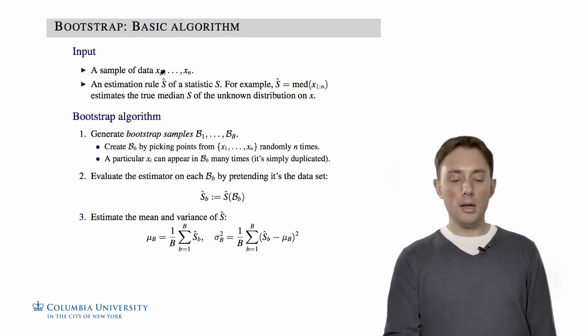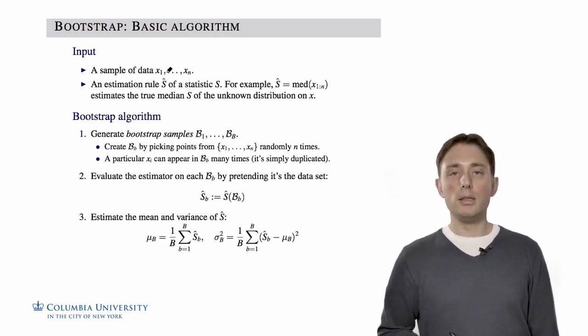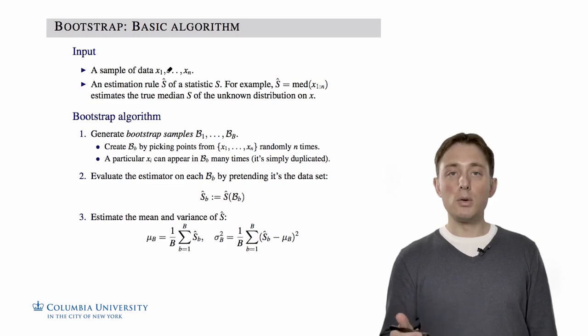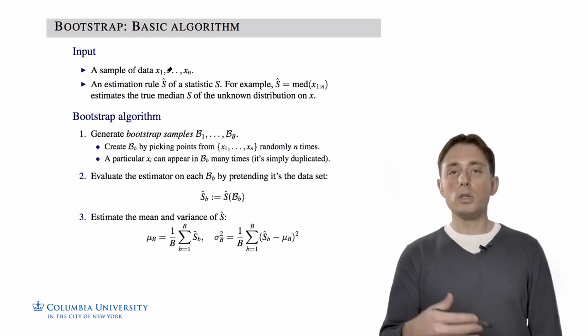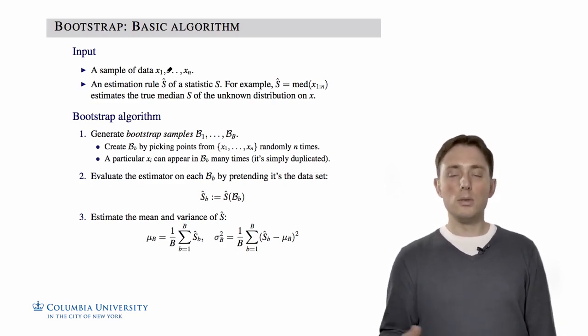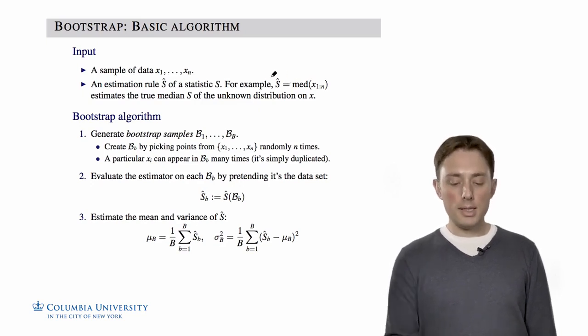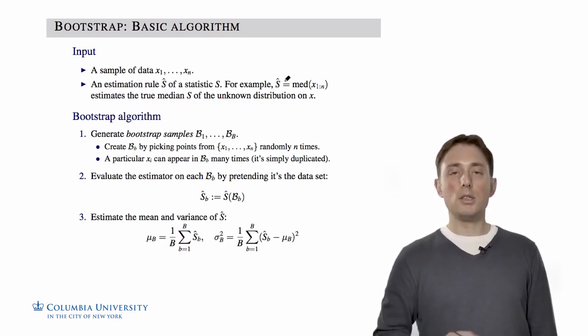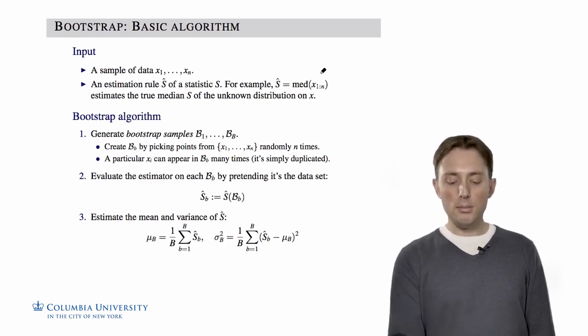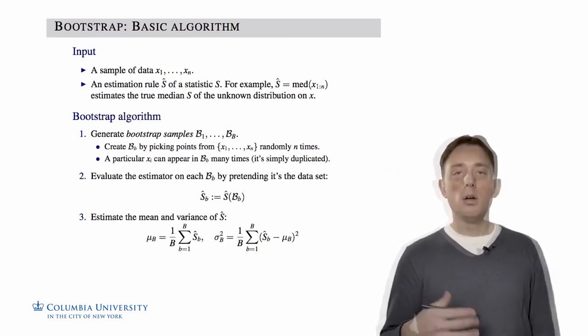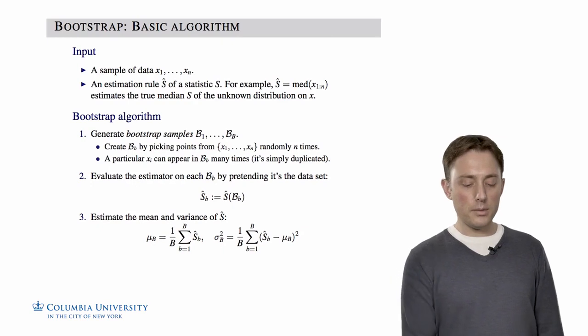We want the median of whatever distribution generated this data that we don't get to see. Of course, because we don't have an infinite number of samples from the underlying distribution, we can't find out exactly what the median is. So what we do is we have an estimator S hat, which estimates the true underlying median to be the median of our data set. All right, so this is the setting that we're in.